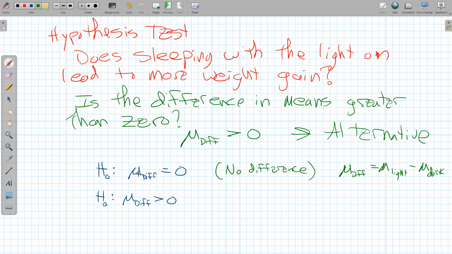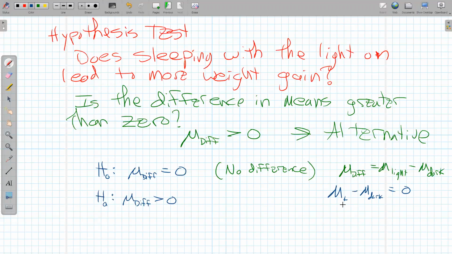I have that the difference of the means is 0. So here, my difference is light minus dark. So mu light minus mu dark is 0. That's my null hypothesis. StatKey restated it by just adding this mu dark to the other side.